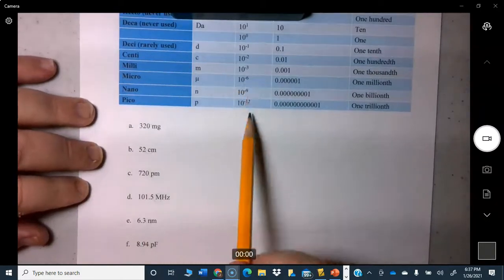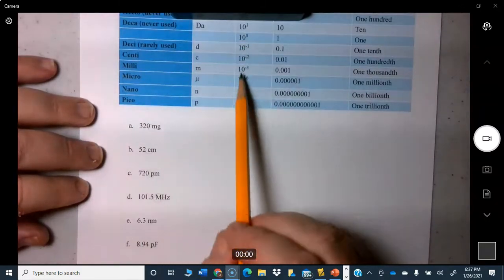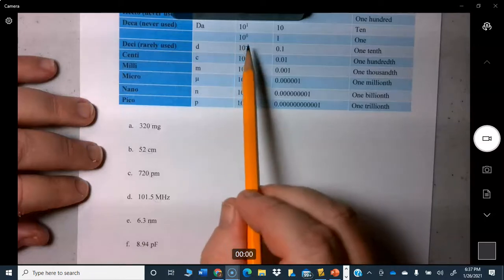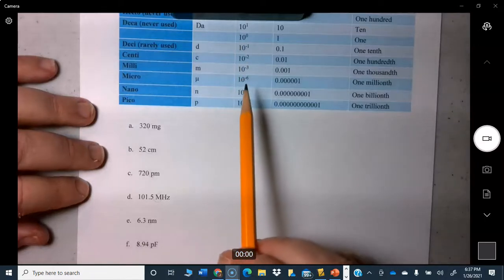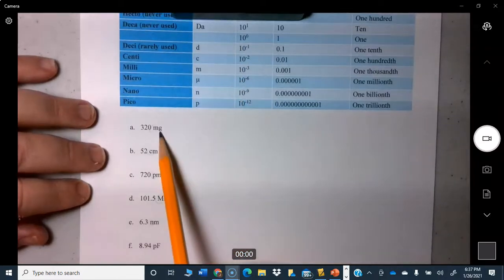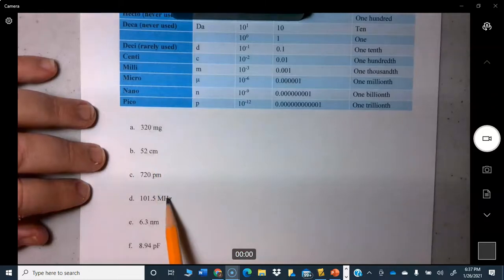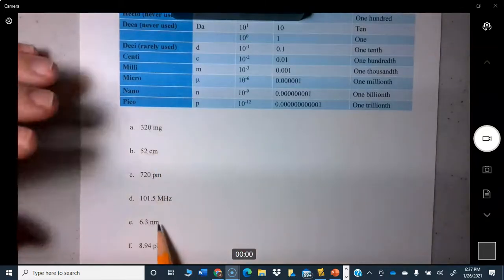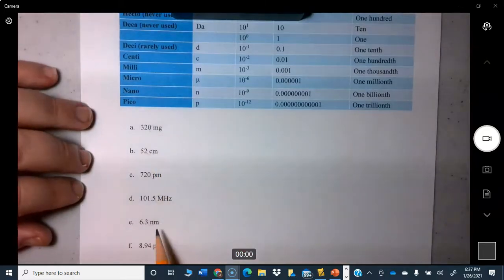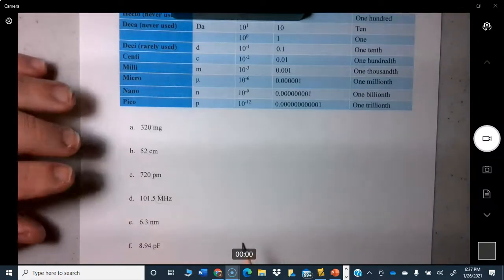Those are going to tell you what the power is, what the base 10 exponent is in scientific notation. And the second letter, the grams, the meters, the hertz, you don't even have to know what that is to do this. The meters you'll learn. And farads, you don't have to know what that is. Just go at the end of the number.